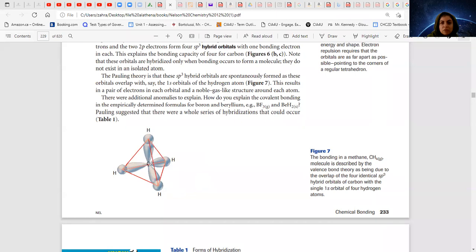So for carbon, if you do the electron configuration, it's going to be 1s2. So we have 2 electrons here, then 2s, and 2p.